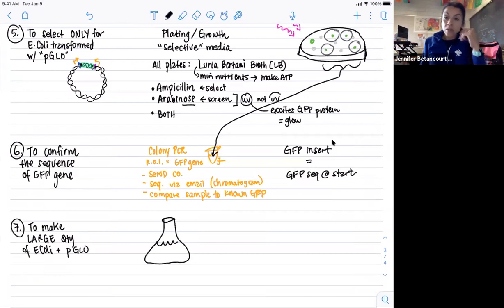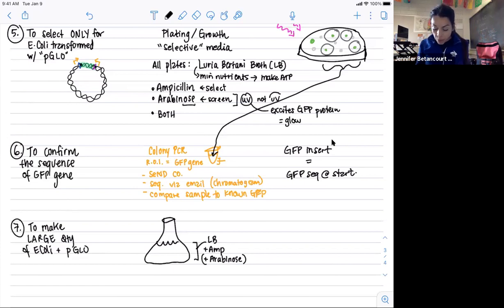Instead of it being a solid media, you still give them the minimum nutrients that they love and need to make ATP. Then you still add the selective reagent, which is ampicillin. You still add the arabinose. Actually, this is a maybe. You don't have to add it, because arabinose is not going to allow them to make the product or not. It just makes the GFP glow or not.